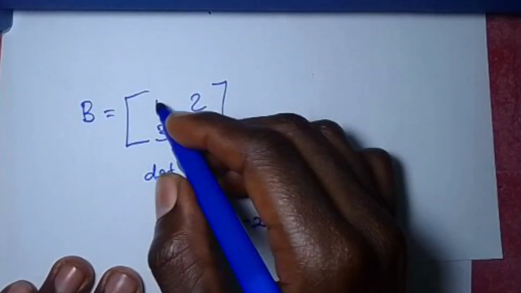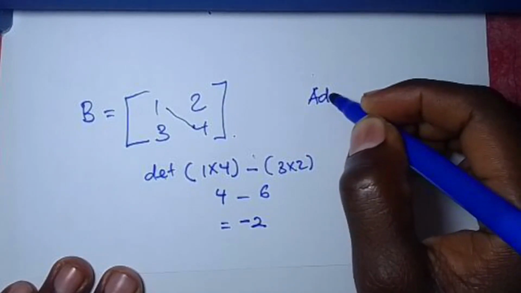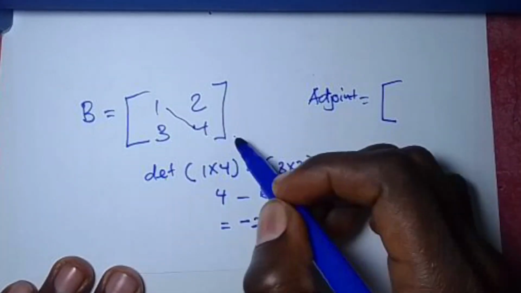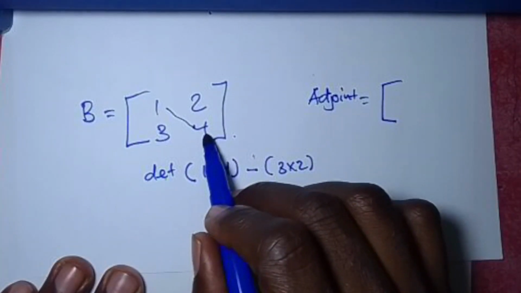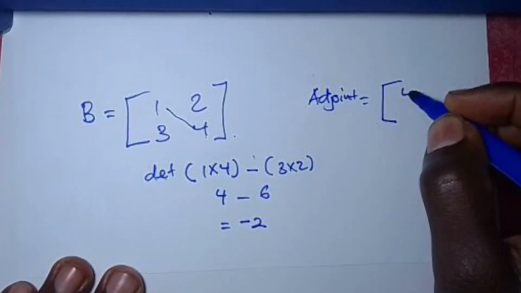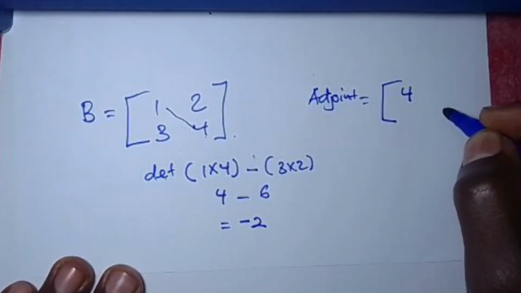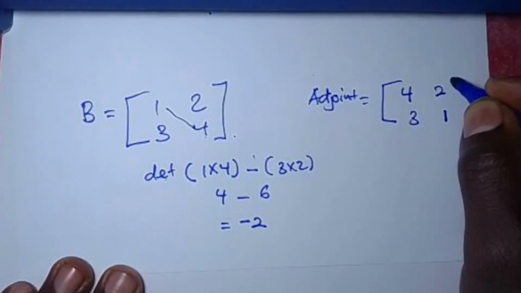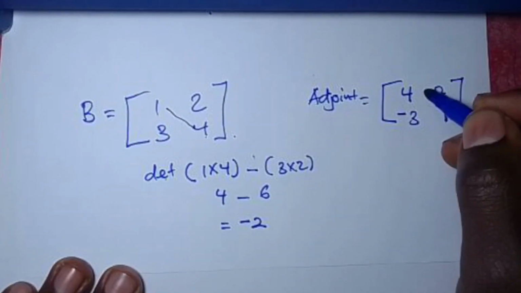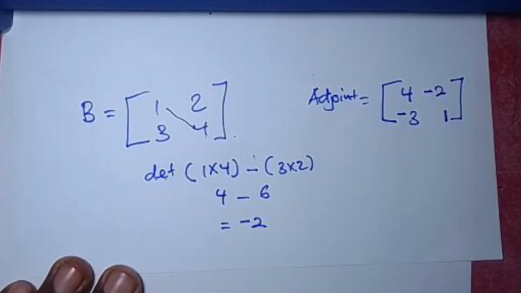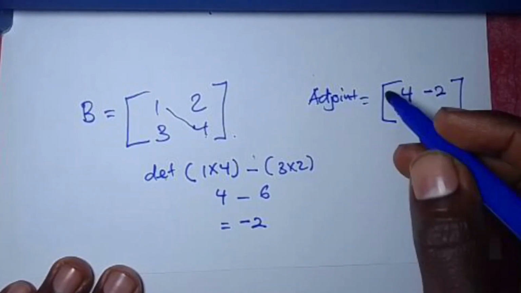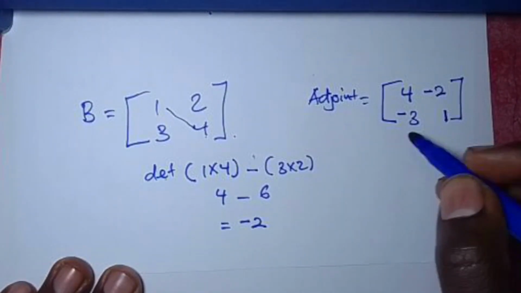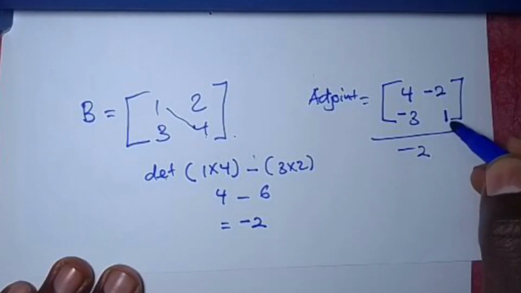Then our adjoint is going to be equal to, you swap these two numbers. So I'm going to get this 4 and take it where there is a 1, and the 1 will come where the 4 was. Then these two numbers will remain in place, this is 3, this is 2, but I'll multiply them by negative 1, like that. Therefore, from that, I'll divide this whole thing by the determinant, so I'll divide through by negative 2.